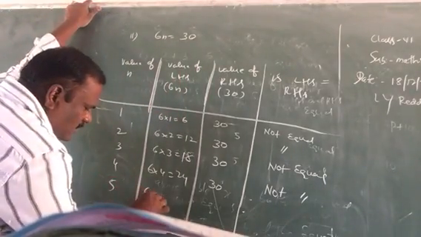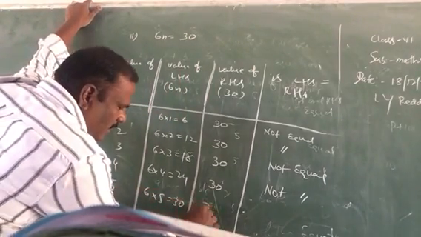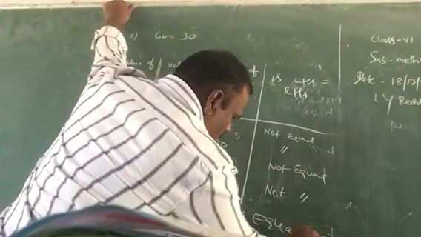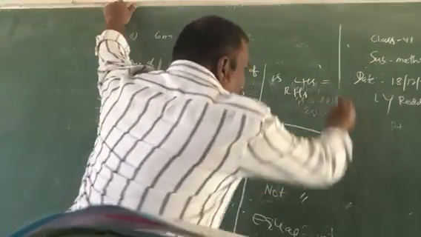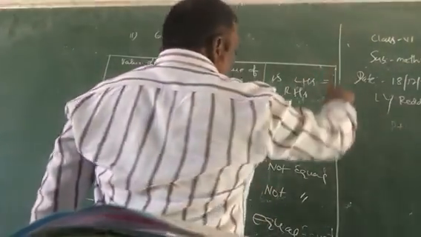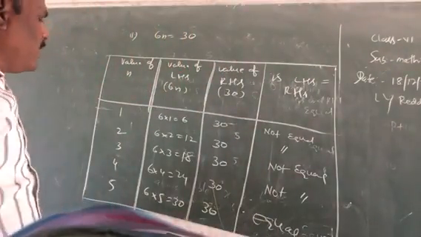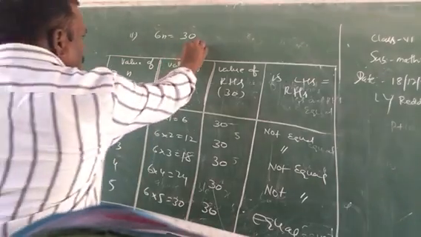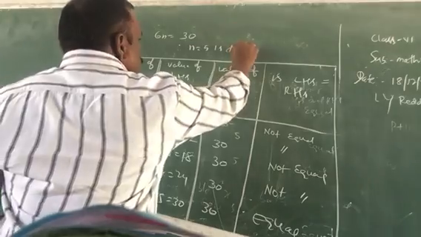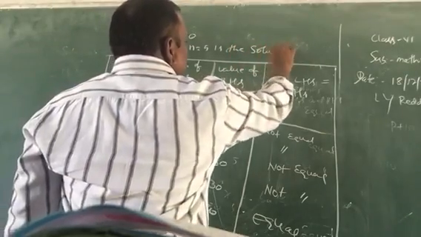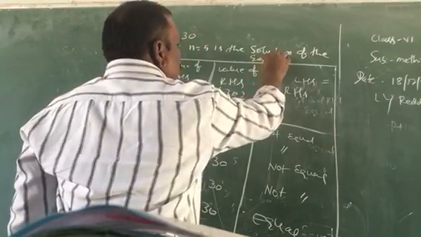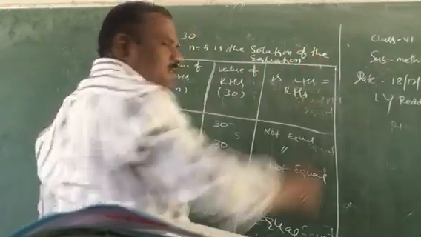And 5, 6 into 5 equal to 30, and this is also 30, so it is equal. Therefore, n equal to 5 is the solution of the equation.